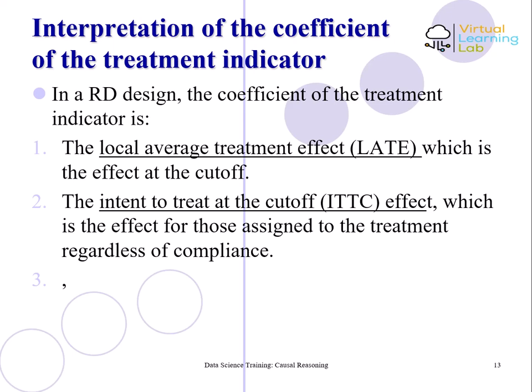So in the regression discontinuity design, you're estimating the local average treatment effect, but you're also estimating the intent to treat at the cutoff, which means that the effect you are estimating is the effect of offering treatment at the cutoff, regardless of how well participants complied with that treatment offered.